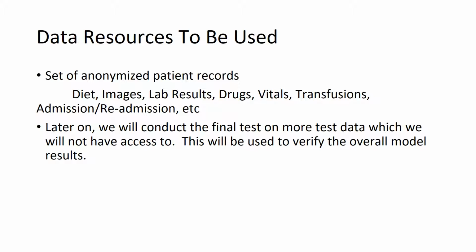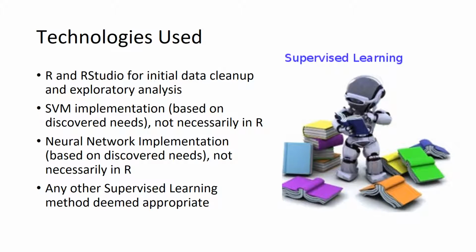The data resources which will be used are a set of anonymized patient records, and in the records there will be attributes, and these attributes include maybe the patient's diet, any images, lab results, drugs, vital information, transfusions, etc. Later on we'll conduct the final tests on more test data, which is being held by our stakeholders currently, and this will be used to verify their overall model results.